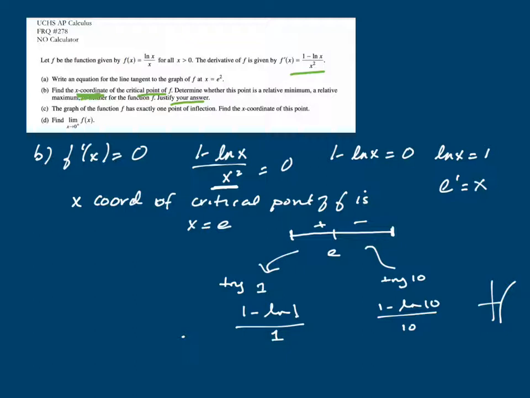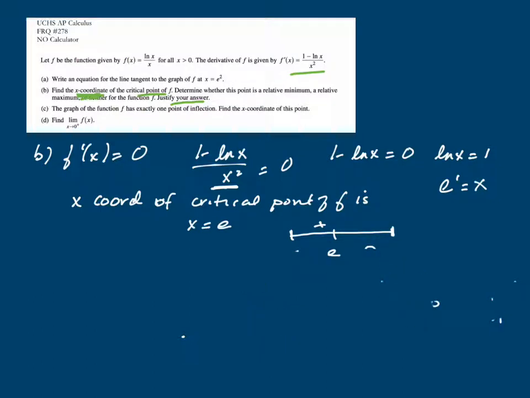All right, so that's not your answer, remember. The sign chart is not your answer. You have to say what the sign chart tells you. And the sign chart tells us that the derivative changes from positive to negative. So it is a maximum.